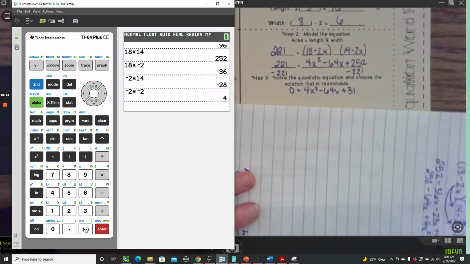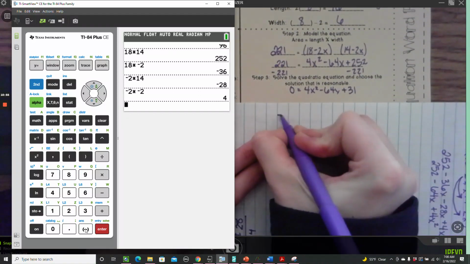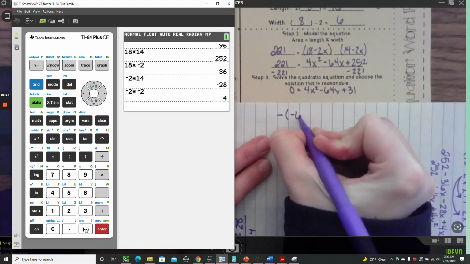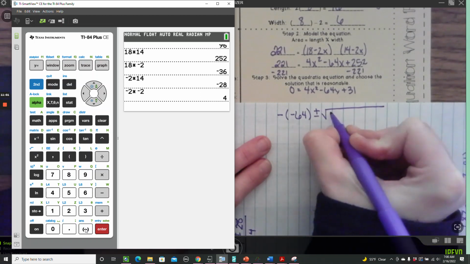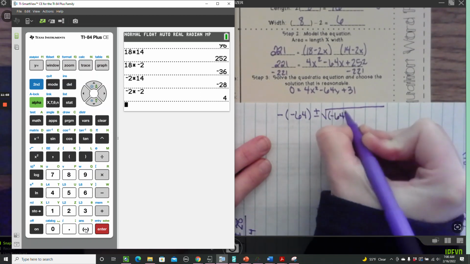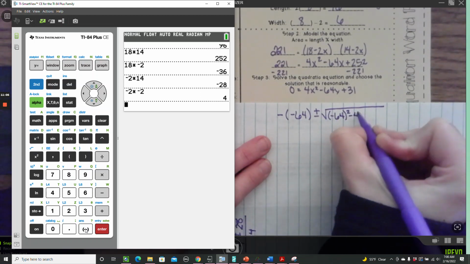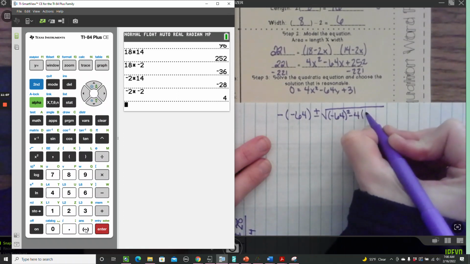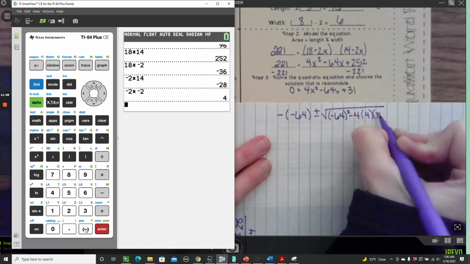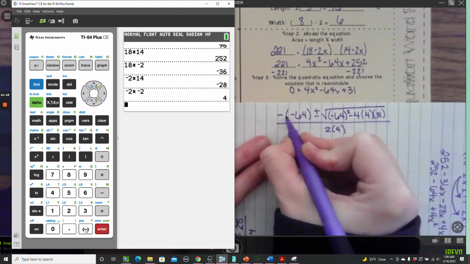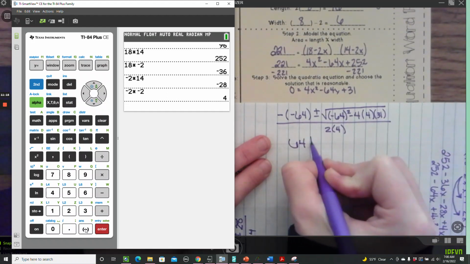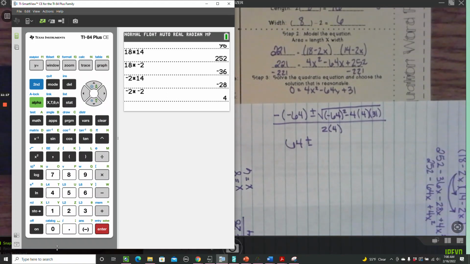So if we solve this, negative b plus or minus the square root of b squared minus 4 times a times c, divided by 2a. So negative 64 is a positive 64.